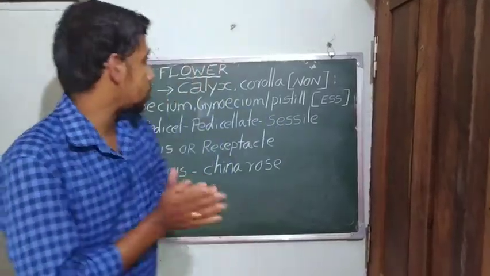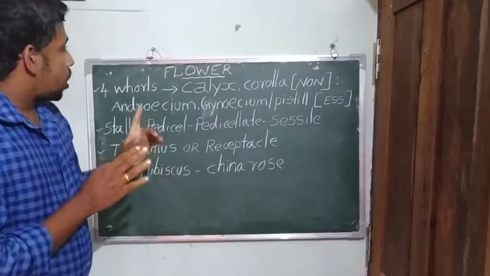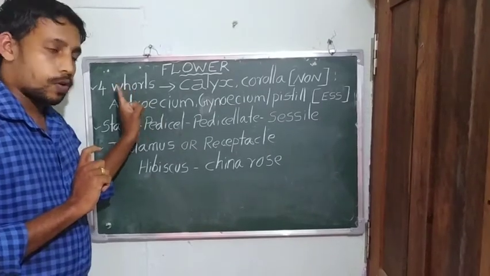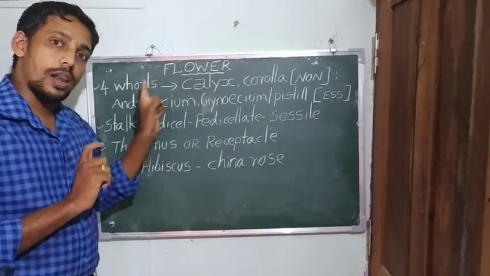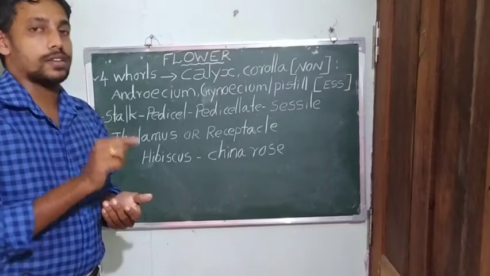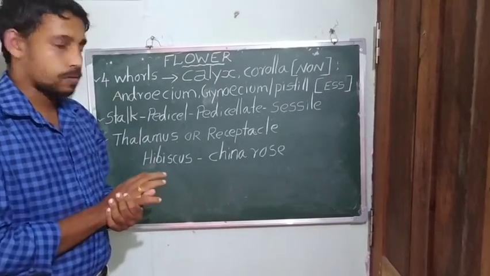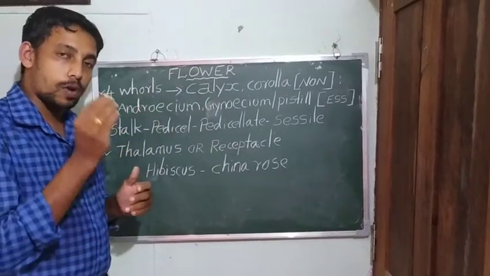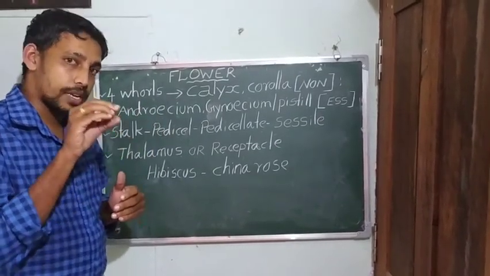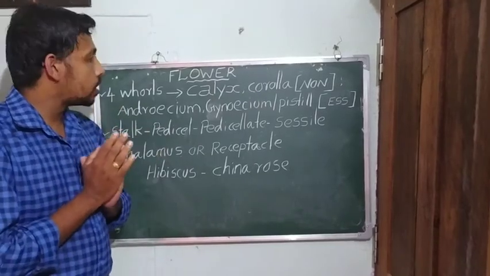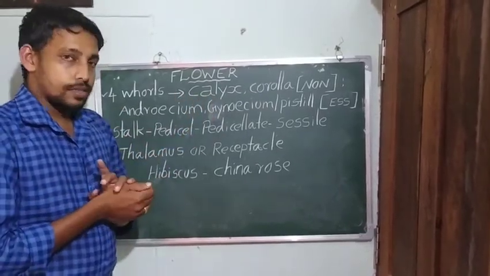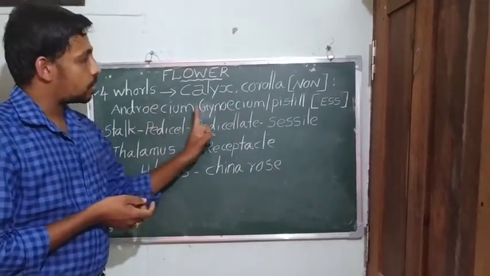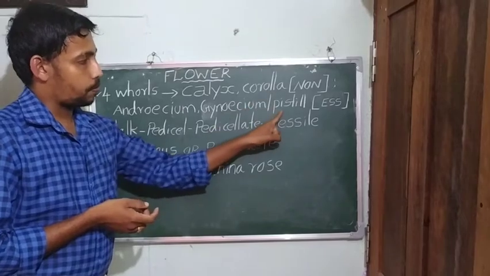A flower has mainly 4 whorls, or 4 groups of floral parts. What are the 4 whorls present in the flower? There is calyx, then corolla, androecium, and gynoecium or pistil.